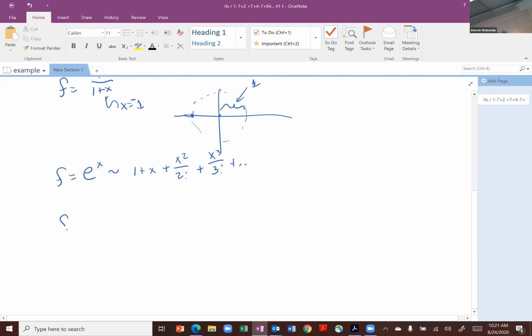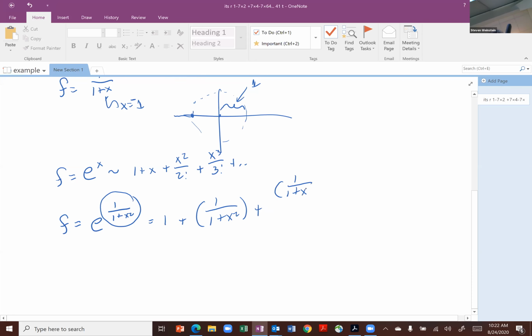If you look at f equals e to the 1 over 1 plus x squared, and you just create the composite function, e to the x has an infinite radius of convergence.